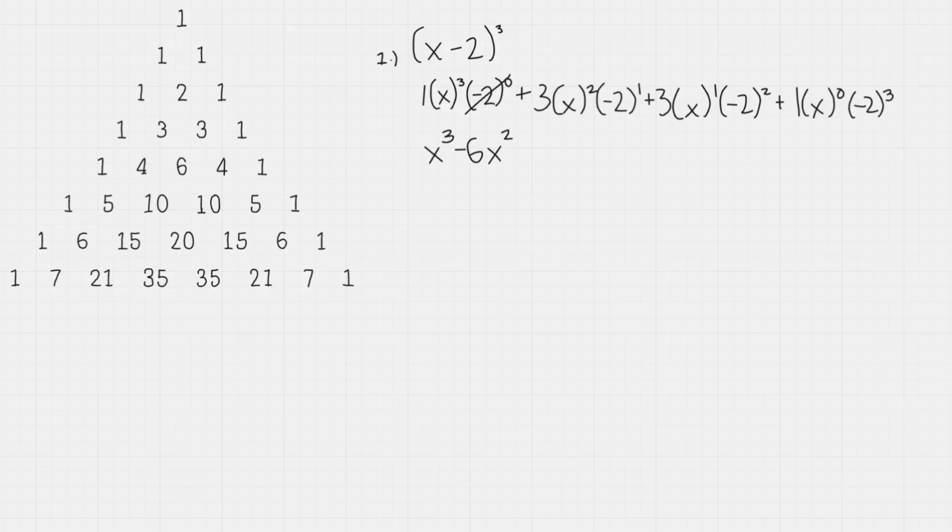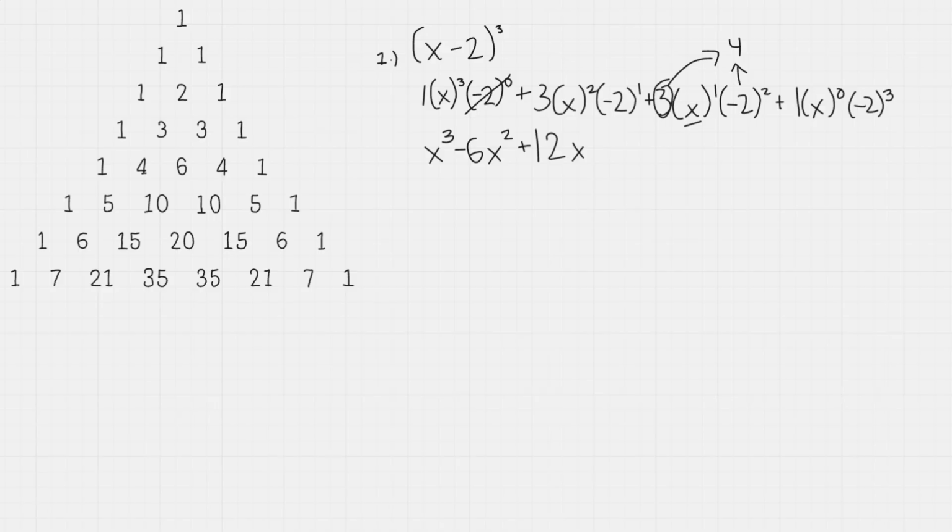Now, for this term, we have negative 2 raised to 2, which gives us positive 4. And 3 times 4 will give us 12, so we have positive 12, and x raised to 1 is x, so we copy x.